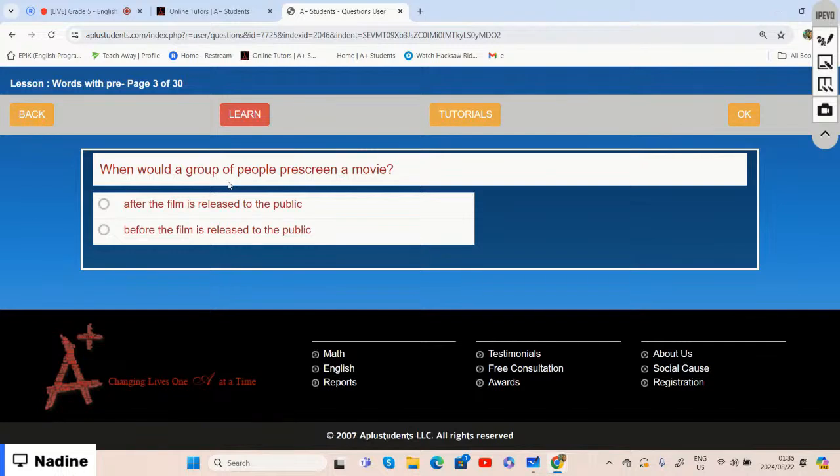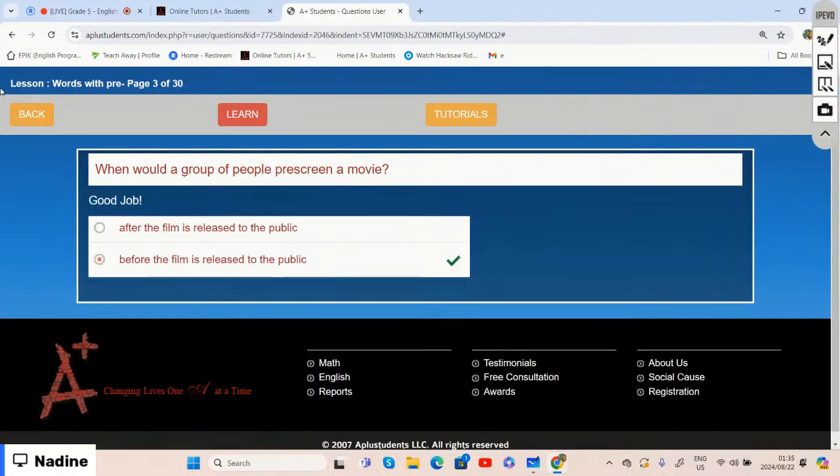Now, when would a group of people pre-screen a movie? Is it after the film is released to the public or before the film is released to the public? Yes, so pre-screen is before it is released to the public. Well done.